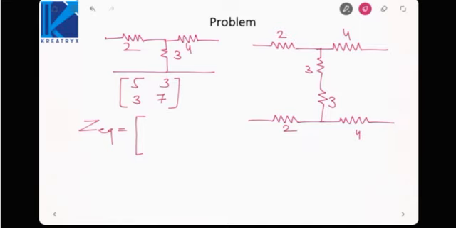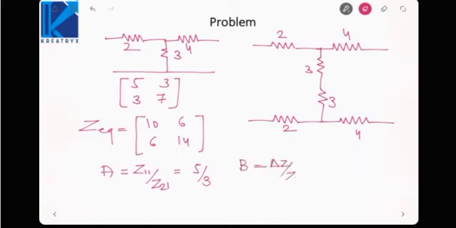So Z parameters of equivalent will be addition of the Z parameters of two networks. Since both the networks are identical, the Z parameters are also identical. So addition will give me twice the original value. 10, 6, 6, 14. From this I can determine ABCD parameter. A will be Z11 by Z21, that is 10 by 6 or 5 by 3. B is delta Z by Z21.